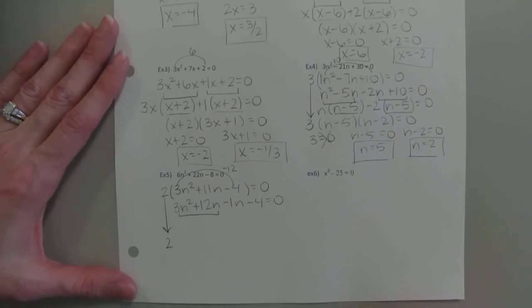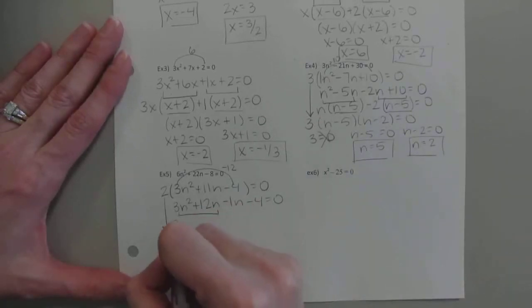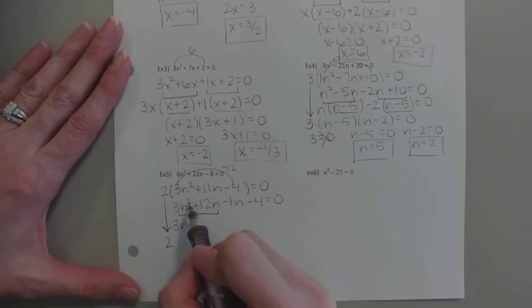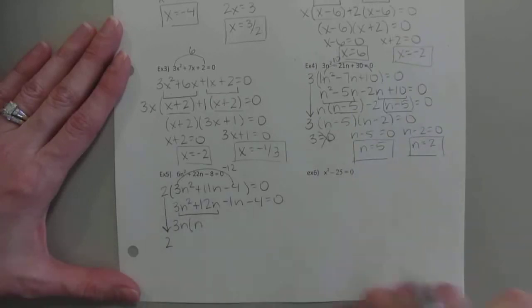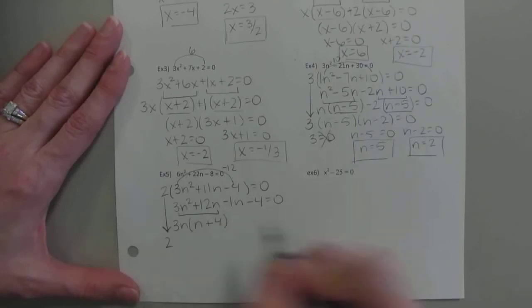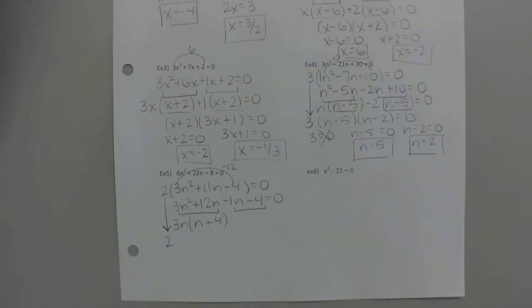Okay, so what can I factor out of the first two terms? 3 and n. So we'll factor out a 3n. When we do that, the 3 divided by 3 is a 1. N squared divided by n just leaves us with 1n. Is that okay? And then 12 divided by 3 will leave us with a 4, and the n's, we took them out, right?